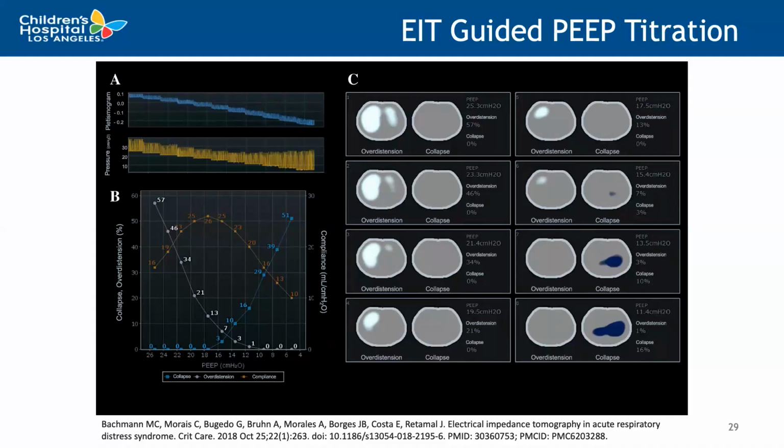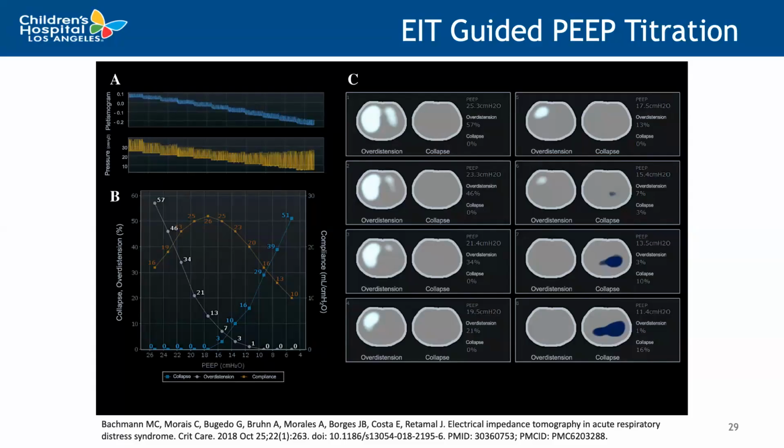This is to limit any confounding with tidal recruitment and long hysteresis. So during the inflation limbs, the patient may have reduced compliance, and as the patient is undergoing decremental, you may have some tidal recruitment and the phenomenon of long hysteresis. And so it's important that you do this during decremental PEEP phases.